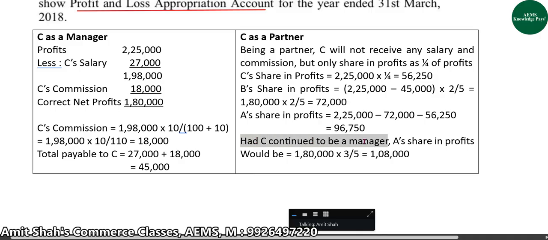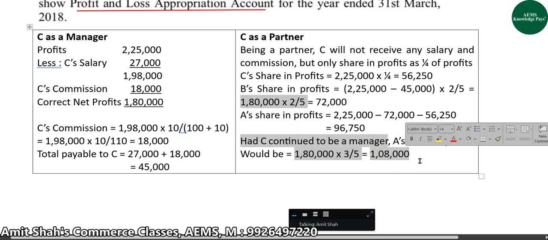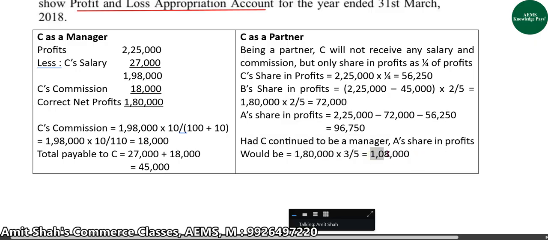Had C continued to be a manager, A's share in profits would have been 1,80,000 into 3/5. Like B has 1,80,000 into 2/5, the same way A also would have got 1,80,000 into 3/5, that is 1,08,000. But A is not getting 1,08,000, he is getting 96,750. So the difference of these two actually is the difference of 56,250 and 45,000.